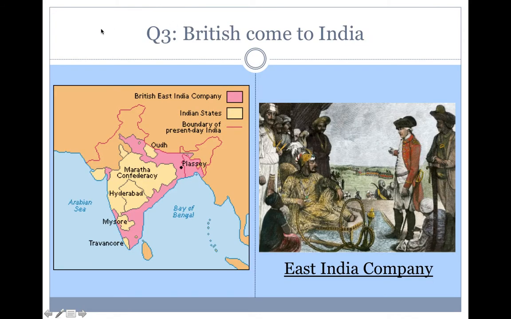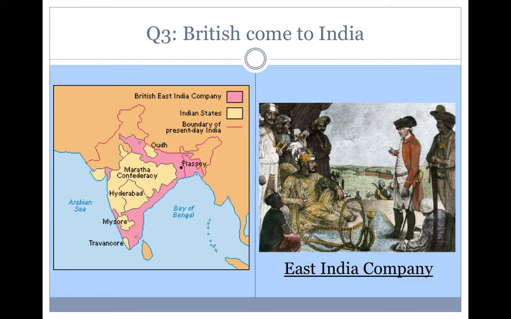So this is question 3. The first bullet is the year 1650. And then put a little dash after that, and we're going to write the British began to establish trading ports.